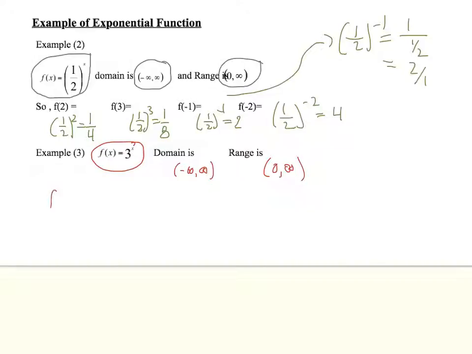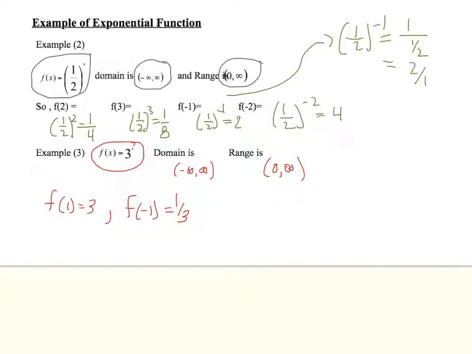So we could evaluate this function, and f of -1 is equal to 1/3, right?